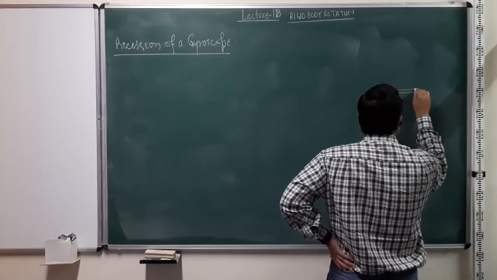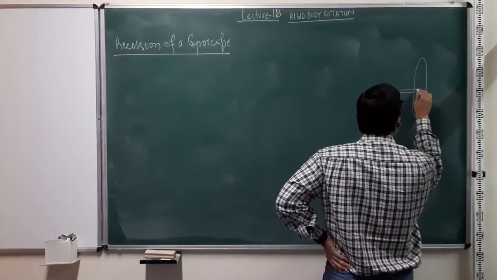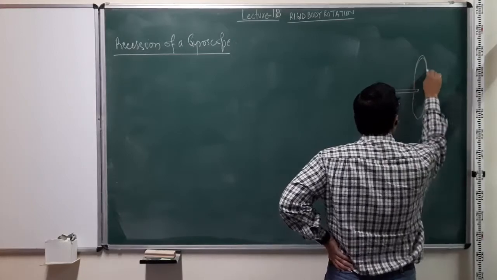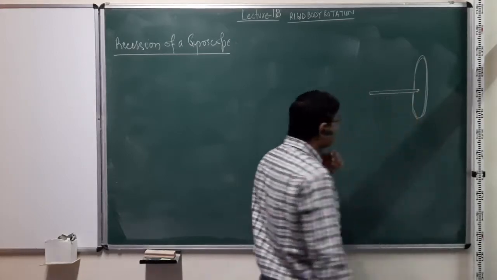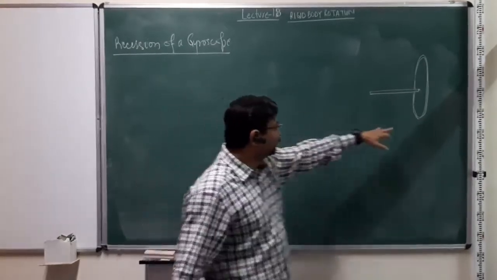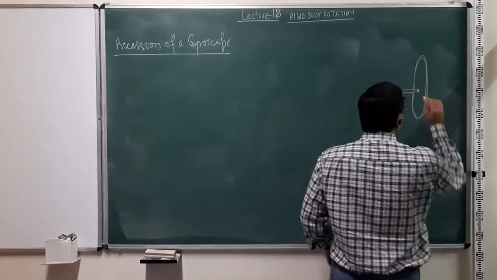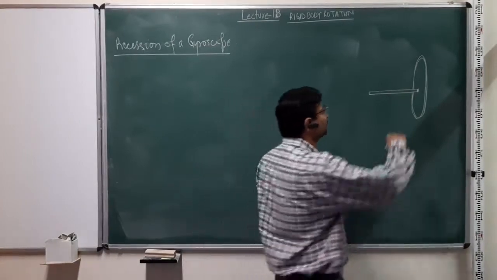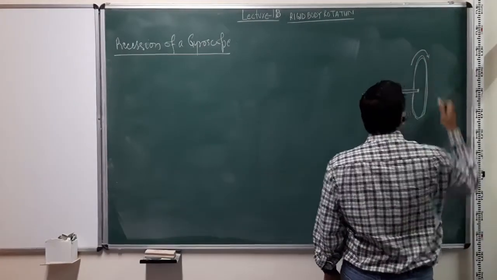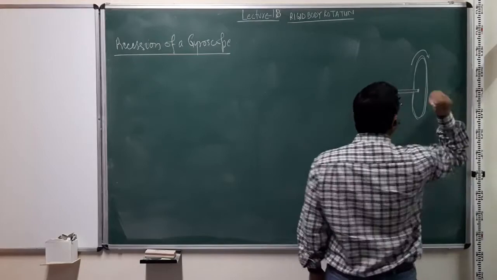So for our purpose, what is a gyroscope? It's basically a disc, right? A circular disc which is free to rotate about its center of mass, and let's say it's rotating like this, and this is basically then coming out of the plane.